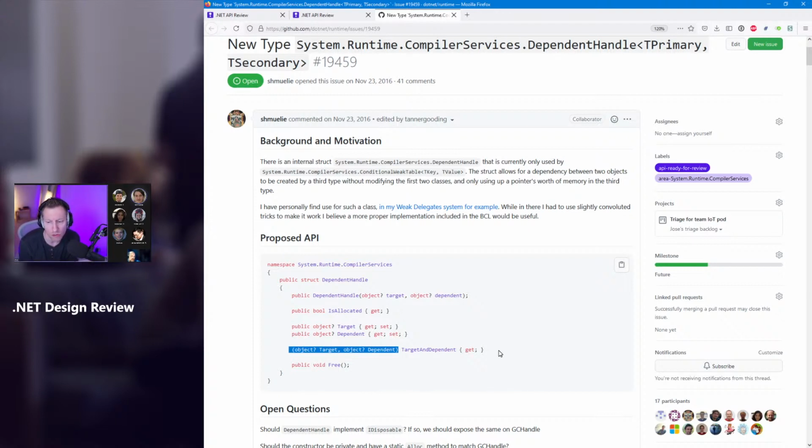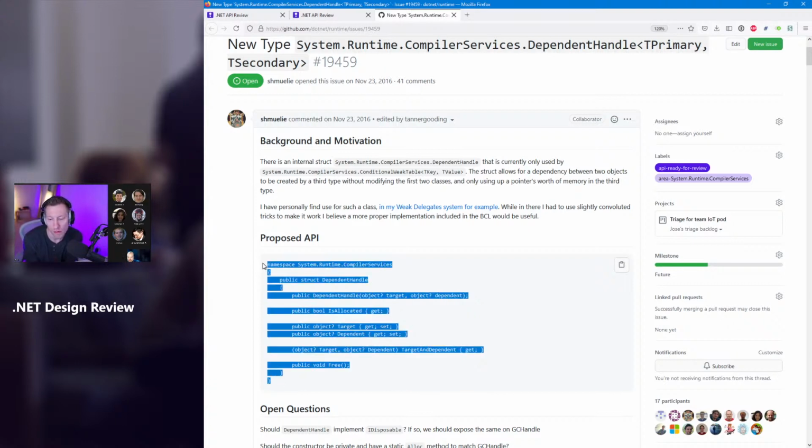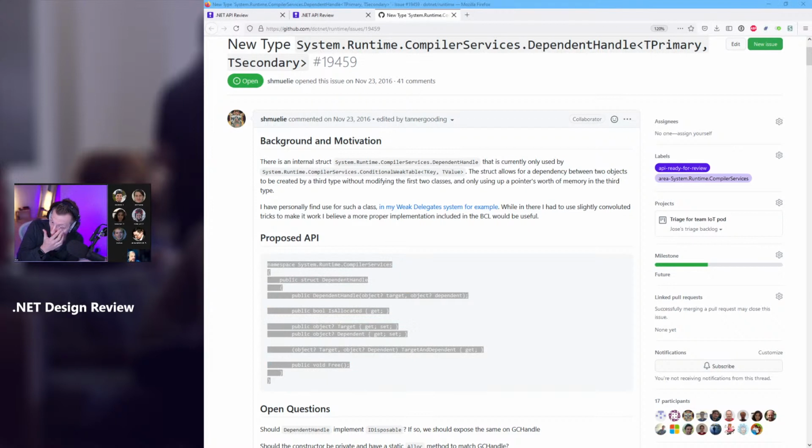Oh, but the thing is, if you do the decomposing, you don't have to do dot at all. You literally can just say, var t, d equals dependent handle, right? You just have to type less. Right, because the compiler handles the deconstruct method. Right, but you can naturally just deconstruct this, right?